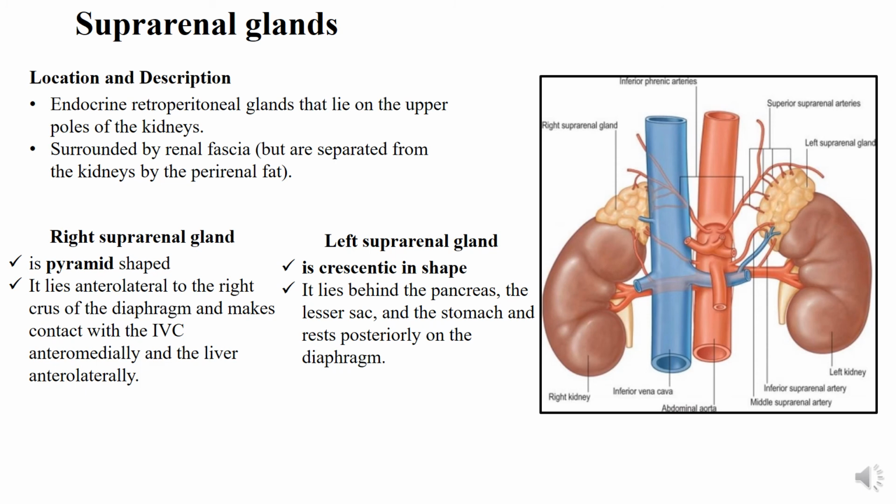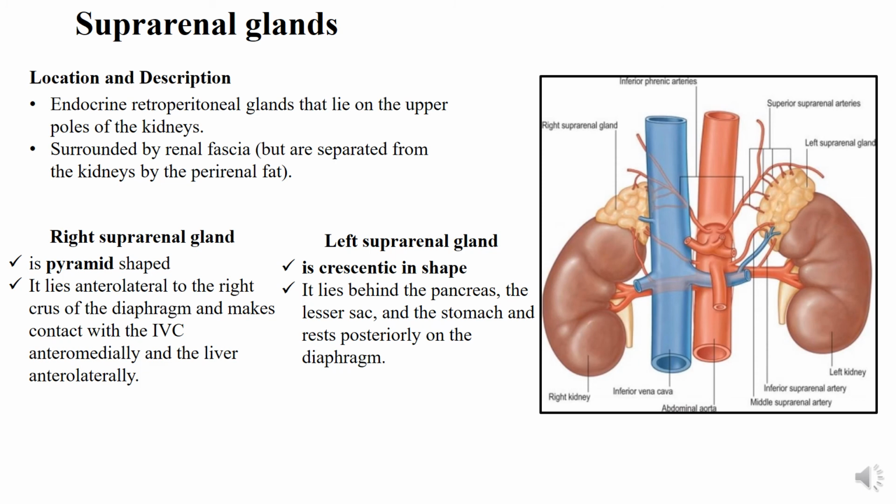And there are some differences between the right suprarenal gland and the left suprarenal gland. The right suprarenal gland is more pyramidal in shape, and it lies anterolateral to the right crus of the diaphragm.